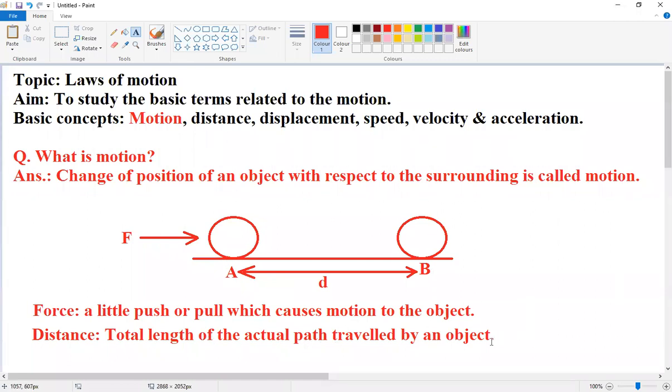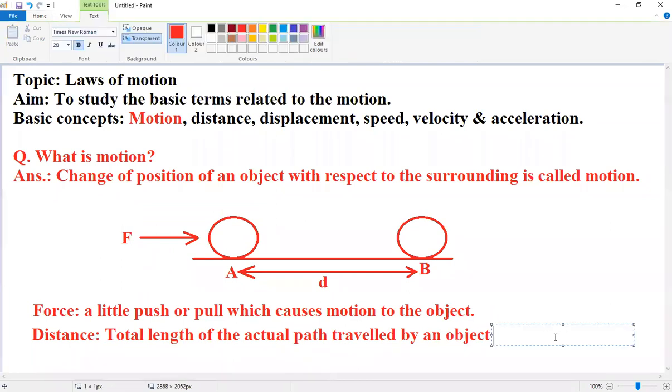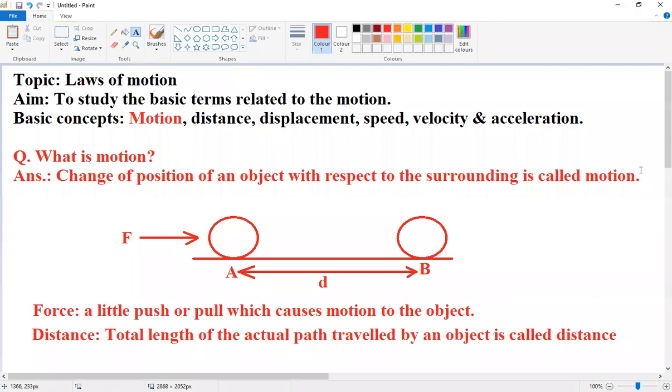So the total length of this actual path traveled by an object is what we call distance. We need to complete this statement: the total length of the actual path traveled by an object is called distance.